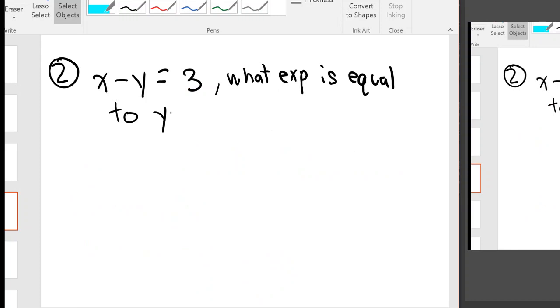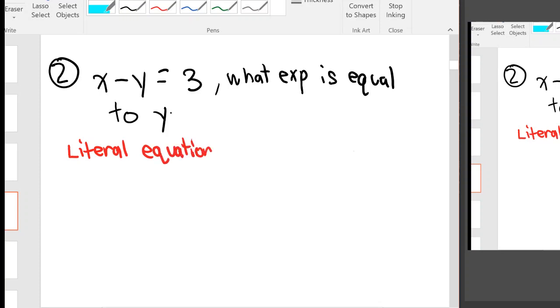Question 2, x minus y equals 3, then which expression is equal to y? So in this case, it's simply what we call literal equations.